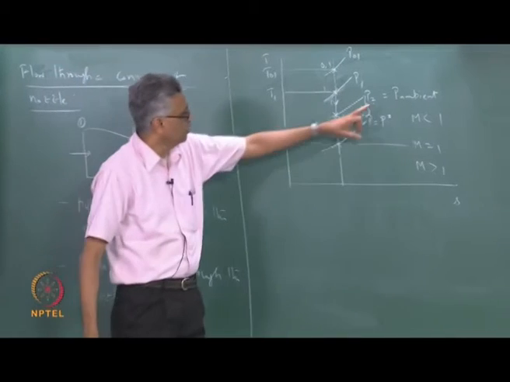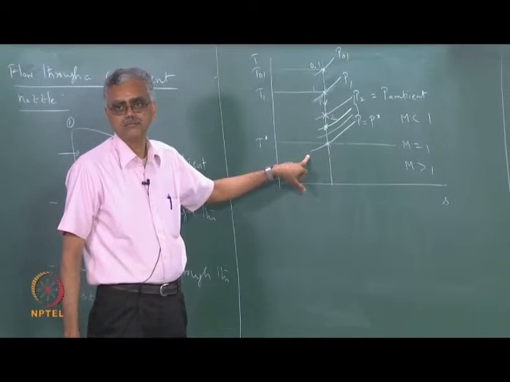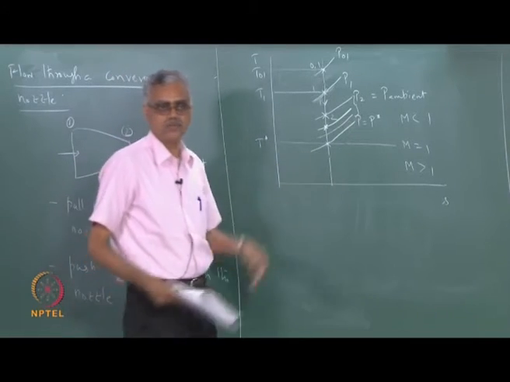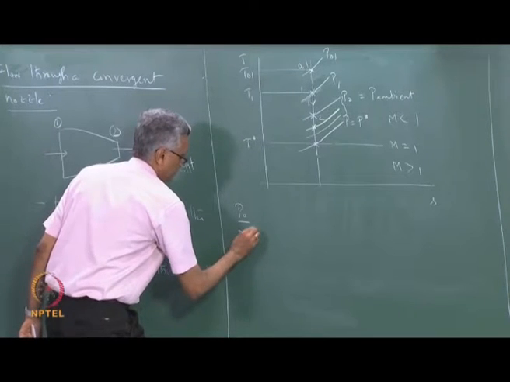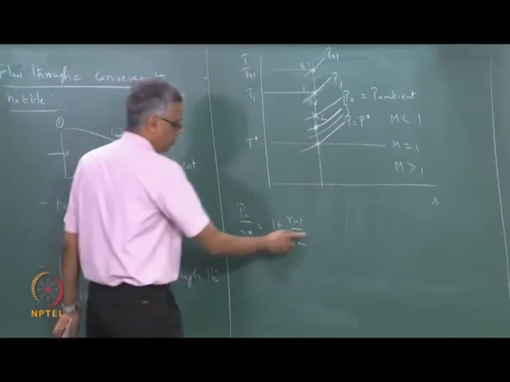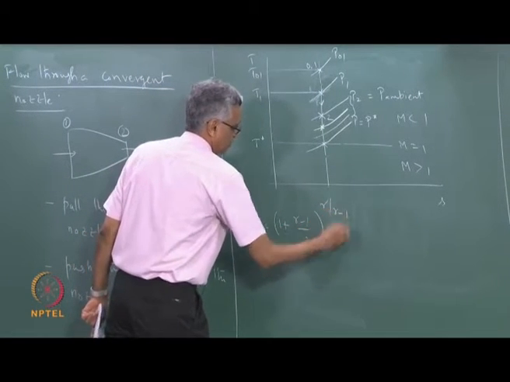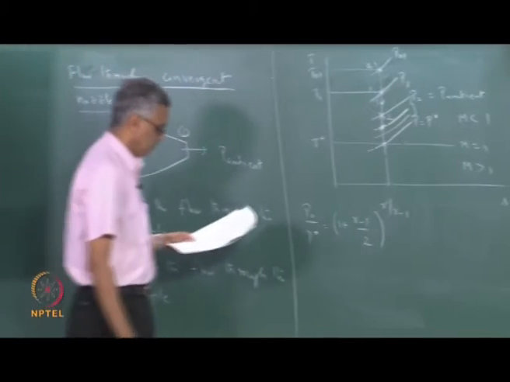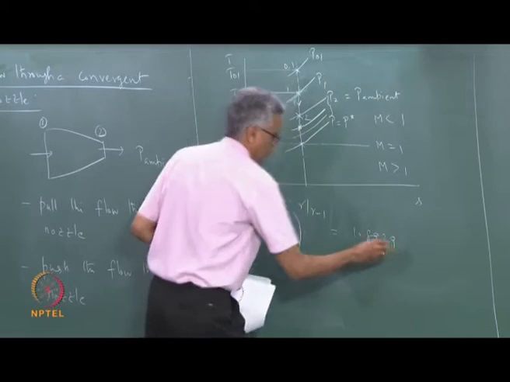Now if I finally lower my P ambient to a value equal to P star, we know the isentropic relationship. P0 over P star is equal to 1 plus gamma minus 1 over 2, we set M equal to 1, raised to the power gamma over gamma minus 1, and for gamma equal to 1.4 this comes out to be 1.8929.